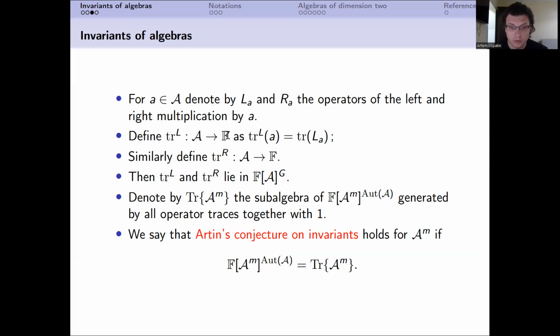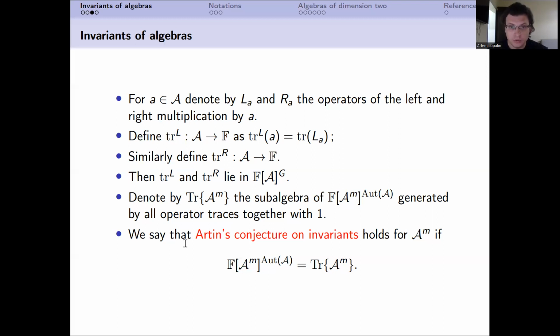And we can keep on doing it. As a result, we will obviously have these two traces, but we will obtain a lot of other different traces. And all these functions will be invariants. And so the algebra generated by all these functions is denoted this way.